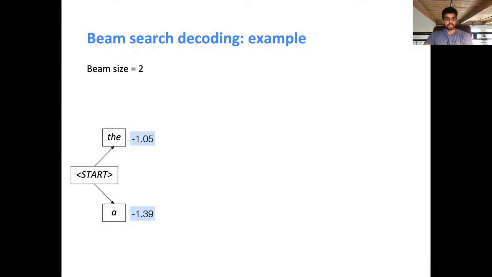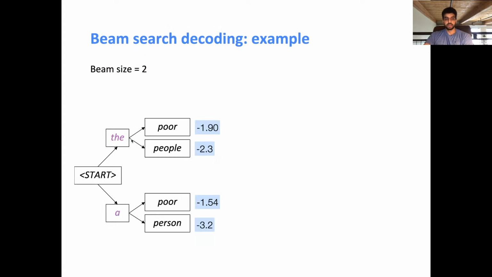Okay, so then I'm going to decode both of these paths. So I'm basically going to, for the next time step, look at the continuations for "start the" and "start a", and I get a predicted probability distribution for each one of these, and I'm going to look at the probable words for each one.